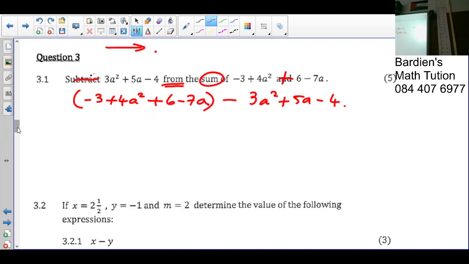Brackets, why must there come a bracket? It's more than one term following a negative sign. Whenever there's more than one term following a negative sign, there must go a bracket. Did I need this bracket here? The first bracket, did I need this one? No.